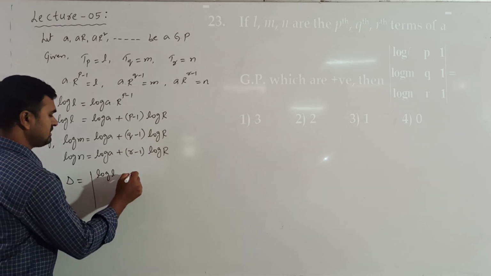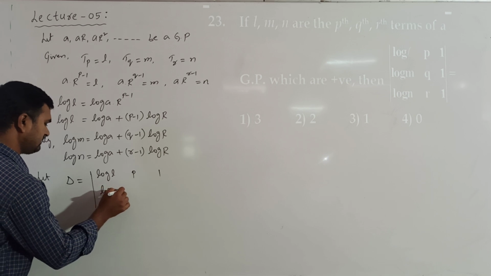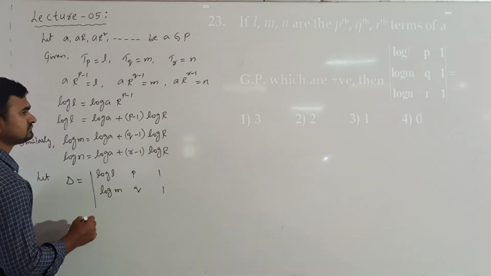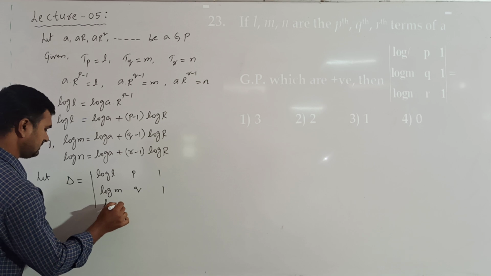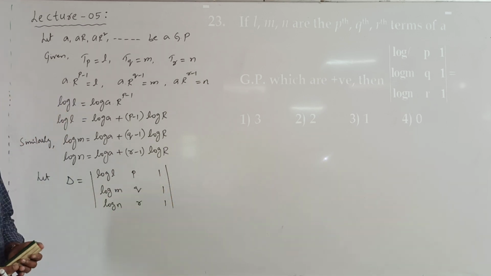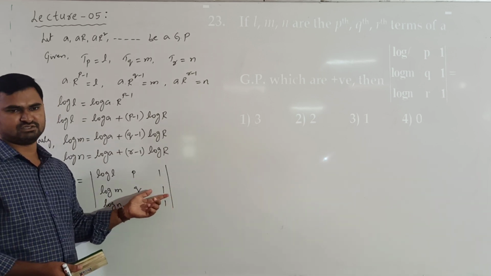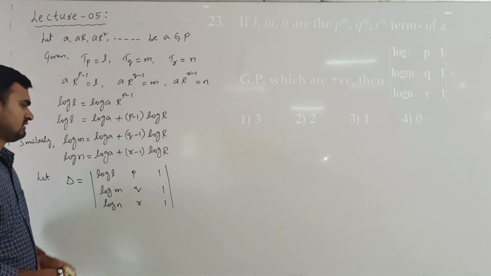Delta has rows log L, P, 1; log M, Q, 1; log N, R, 1. To simplify this determinant, I will make two ones into zeros, so I will apply row operations.